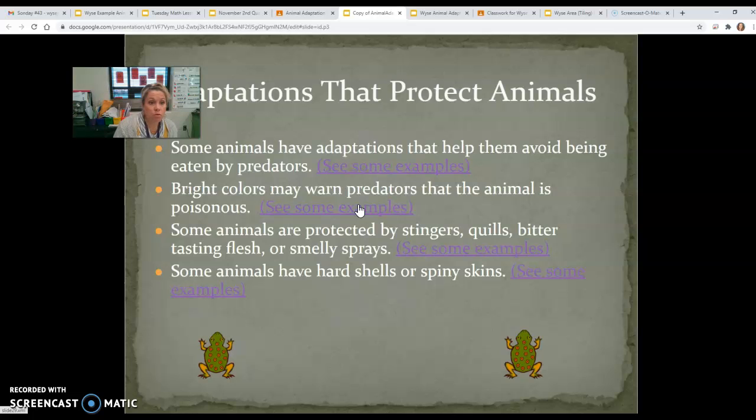That helps them to avoid being eaten. Bright colors warn predators that the animal is poisonous. Some animals are protected by stingers, quills, bitter-tasting or smelly sprays, such as our skunks, porcupines, and stingrays. And other animals have hard shells or spiny skin, such as turtles and desert tortoises.